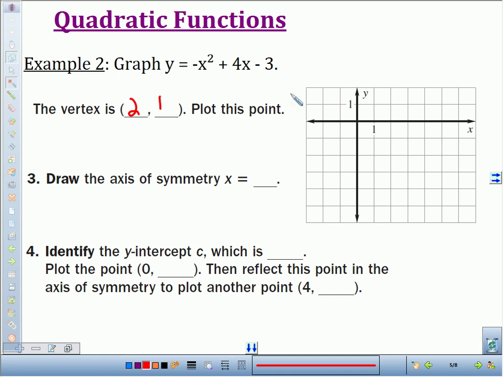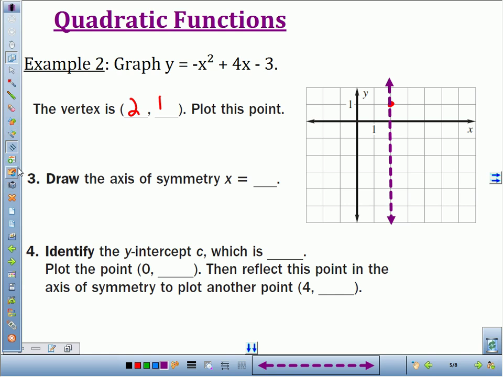I have a graph here off to the side. So I go to the point 2, 1 and plot it. Now I want to draw the axis of symmetry. And the axis of symmetry, I'm going to make a dotted line. And I'll draw it right down the center here. This is going to make my graphing easier later on.